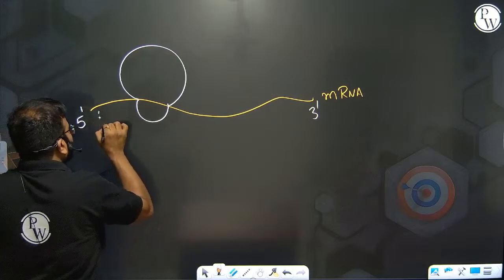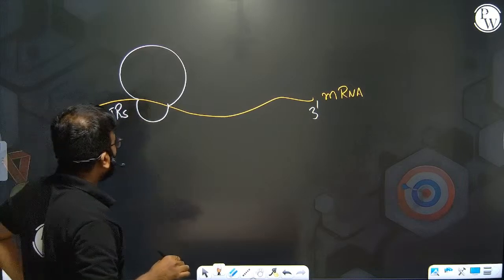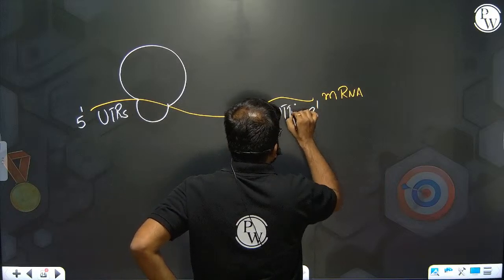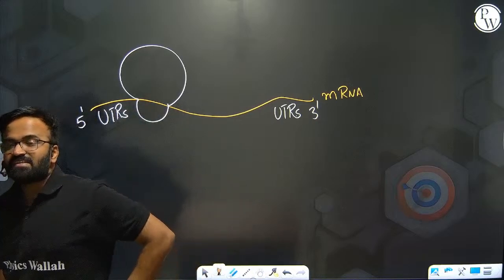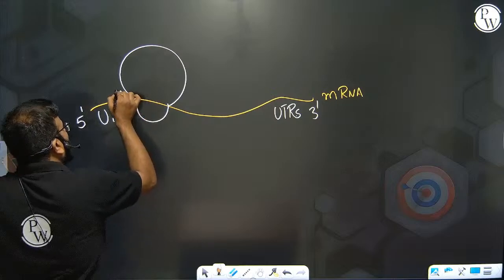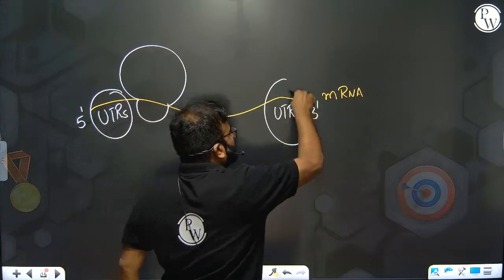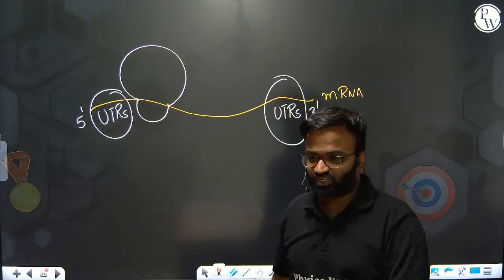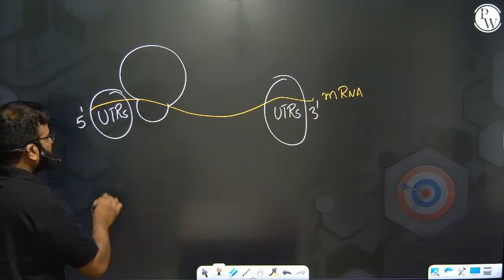And what do you have over here? This is a 2022 question. UTRs. What are these? Untranslated regions. That means this part of the mRNA is not translated, but it increases the efficiency of the translation. What are these called? Untranslated regions.